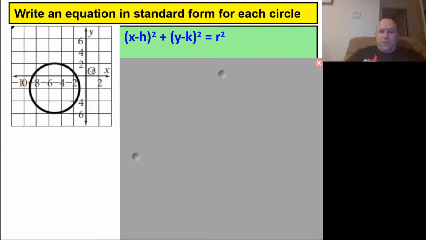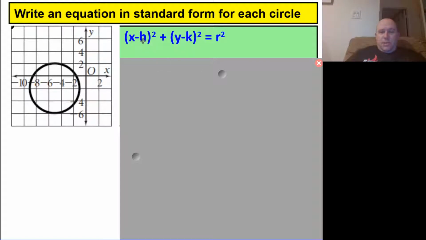If we're given a picture, we also need to be able to find out what the equation is. The key things here are that I need to know what the center of the circle is, that's the h and the k, and I need to know what the radius of the circle is. Notice on the scale here, each square is 2 units, so that's important. That's clearly the center where I have the little arrow right now, so that would be at -5, -2.